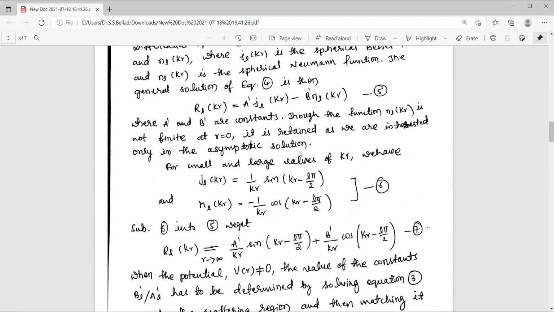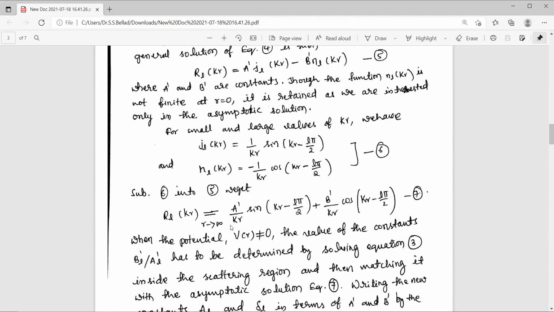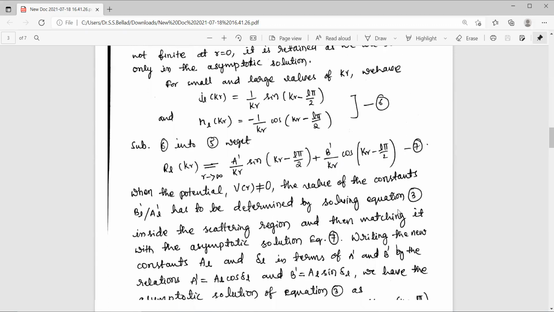So what we get is A dash by kr, and in place of JL of kr, I have substituted 1 by kr into sine of kr minus L pi by 2, plus B dash into NL of kr. The value of NL of kr is here, and this minus sign becomes a plus here. So it is B dash by kr into cos of kr minus L pi by 2. In this way, I got equation 7.